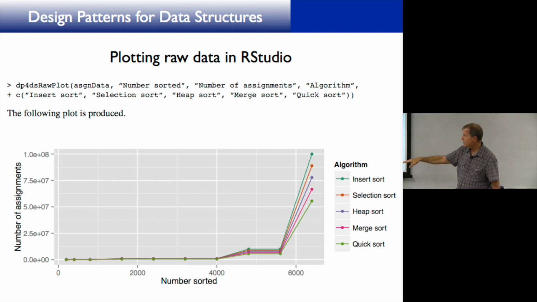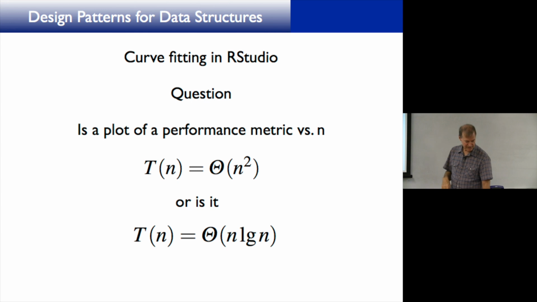Notice that on the bottom here it says number sorted, and you can see number sorted in the arguments for the script, and so on. I've written that script for you to use, and when you want to plot the raw data, you just follow the recipe and put what you want to plot, however you want to plot it.